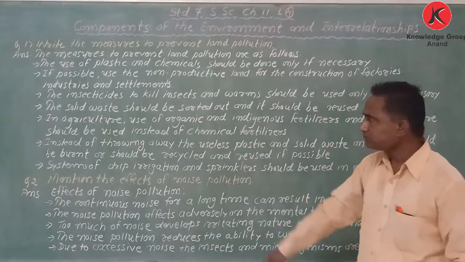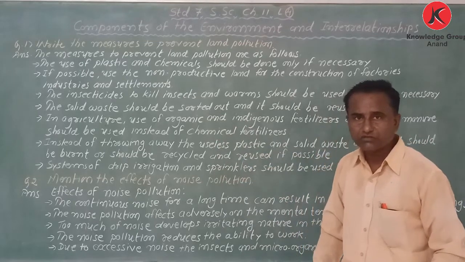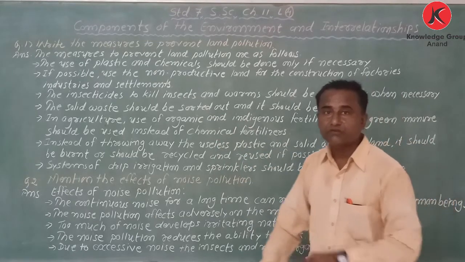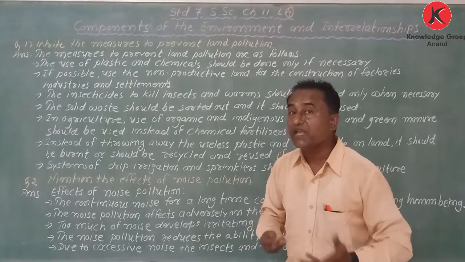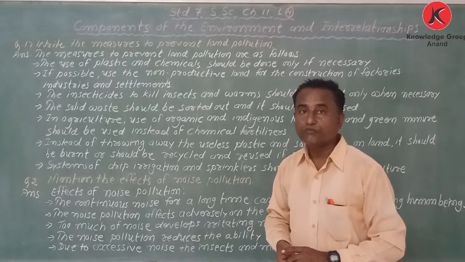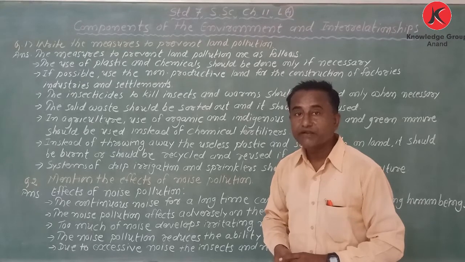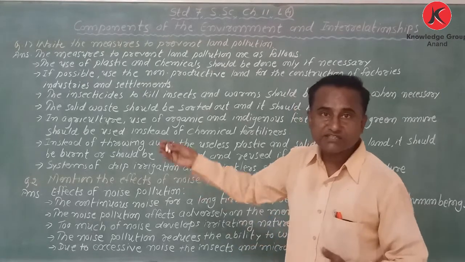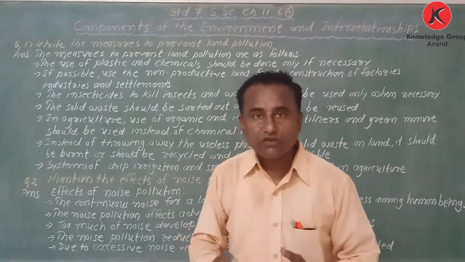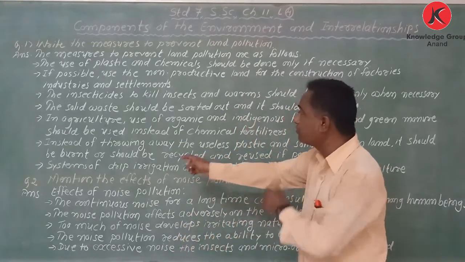Next one, in agriculture, my dear student, in order to get more production, we use chemical fertilizer. Instead of that, we can go for green manure. Normally, simple ones we have to use.